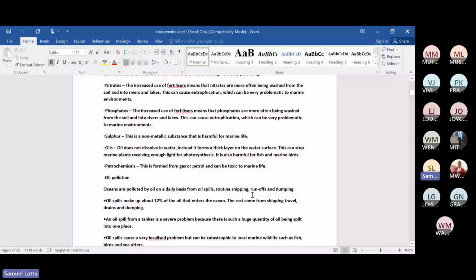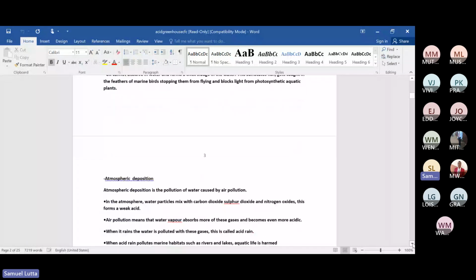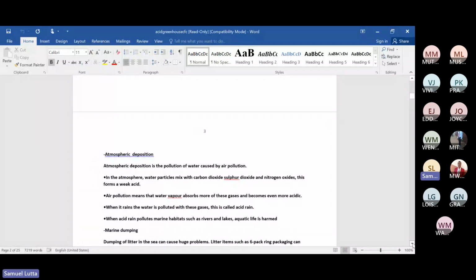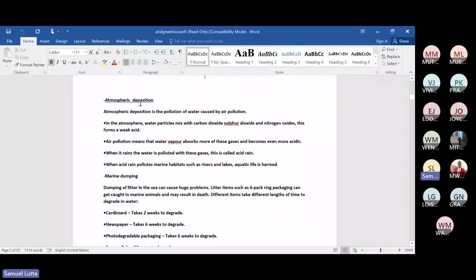So the rest could come from maybe ships when they travel over the water. You could have some of the oils leaking through the water, and this can cause a severe problem. And we have just said the major problem is that it doesn't dissolve in water, so that makes it a big problem.